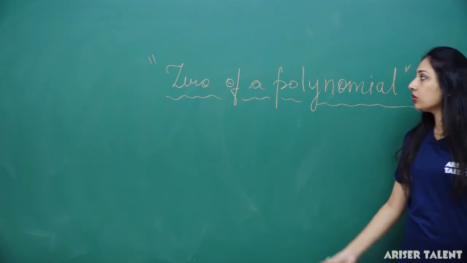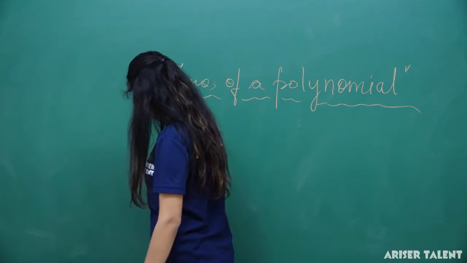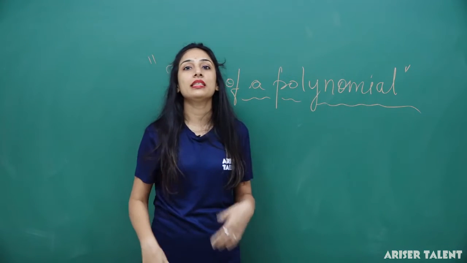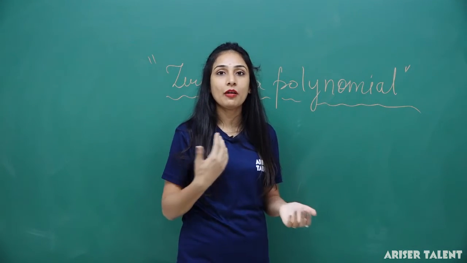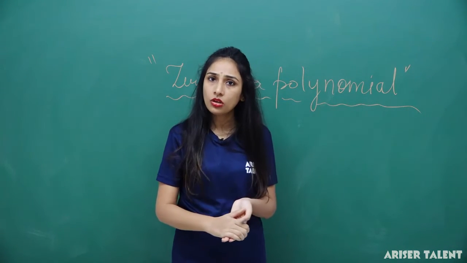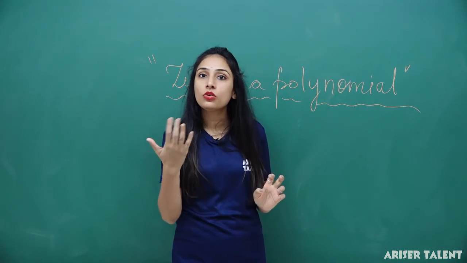Zeros of a polynomial or zero of a polynomial is what? What is this basically? Student, we are having these variables as x, as y, as z or t or whatever, these alphabets, okay, these algebraic things. So, we are having some particular value. On that particular value, the value of this polynomial will become 0.